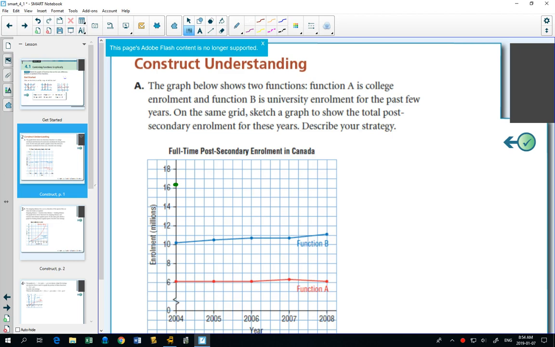here if we look in 2005, just over 6 million, 10.5 million, so we would probably be around 16.5 million.